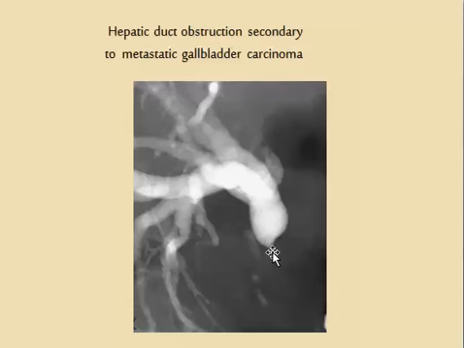The cause may be pancreatic, cholangio, lymph nodes, and the cause may also be metastasis in the region nearby due to nearby organ carcinoma like the gallbladder.